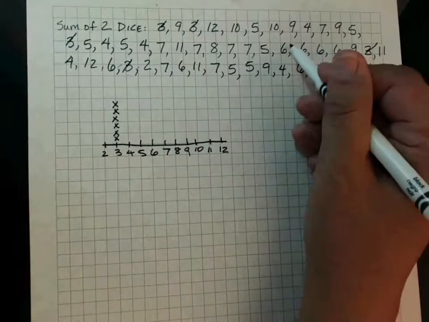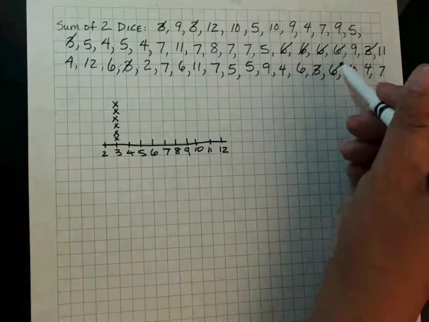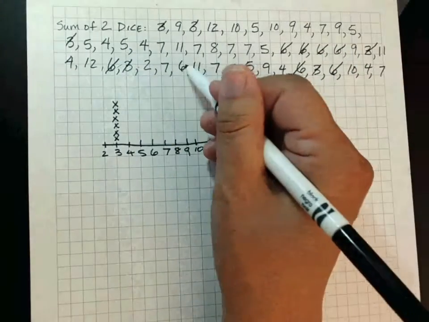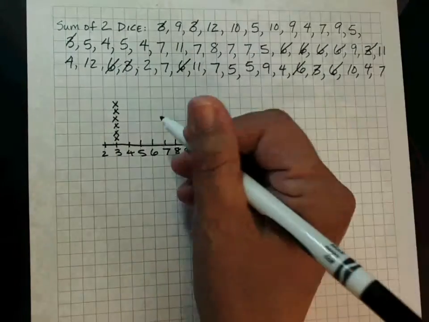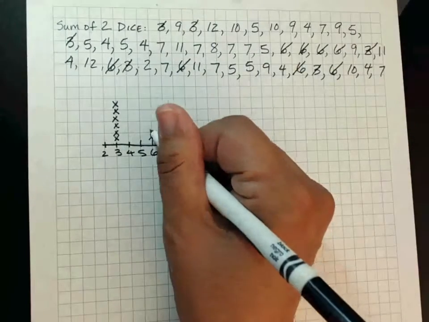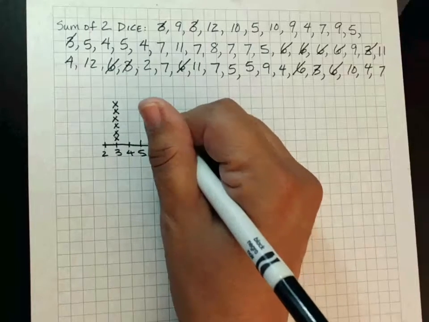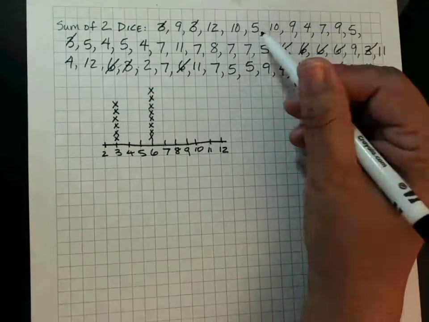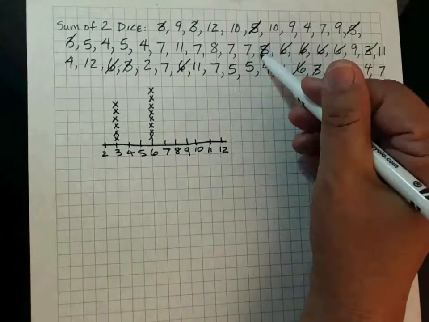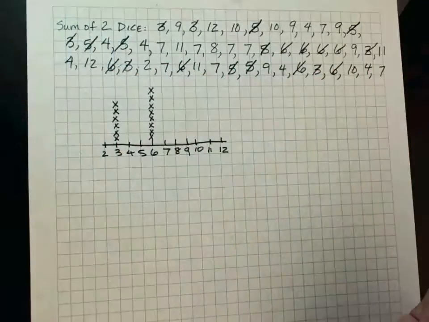I've got a lot of 6's. Let's do those. 1, 2, 3, 4, 5, 6, 7, 8. Looks like I have 8 6's. Let's do our 5's. 1, 2, 3, 4, 5, 6, 7.